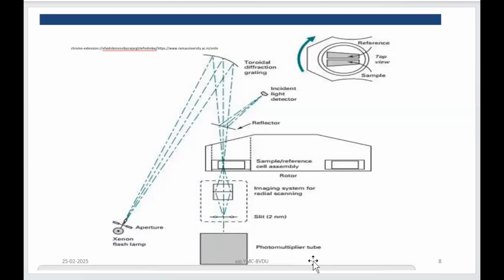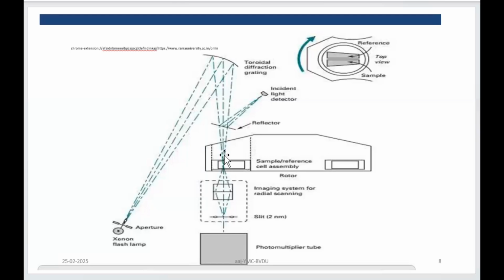So this is the photomultiplier tube, okay, and this signal will be collected, and it will be going to the detector system. So this is the light source, this is the diffraction grating from which the selected wavelength is allowed to enter the sample window. Sample window has got sample molecules which are under sedimentation.